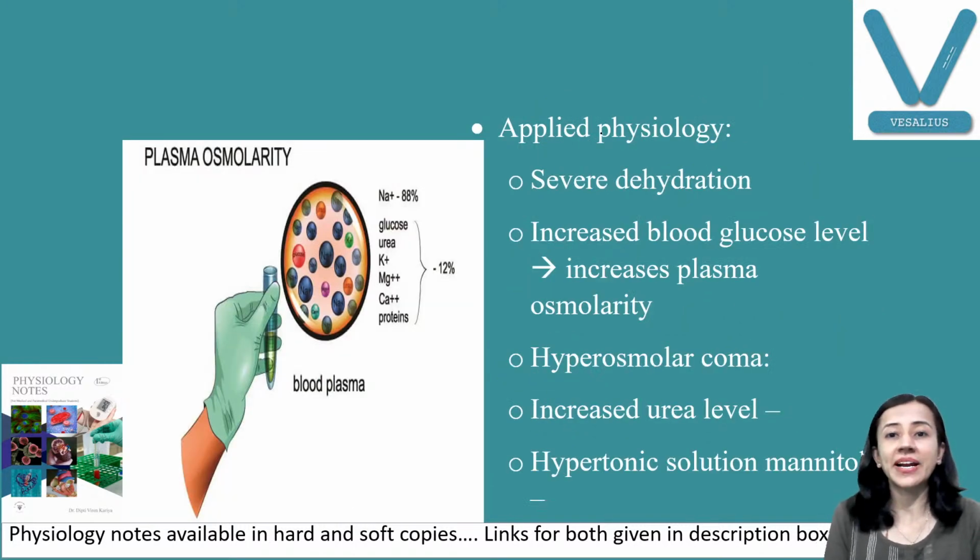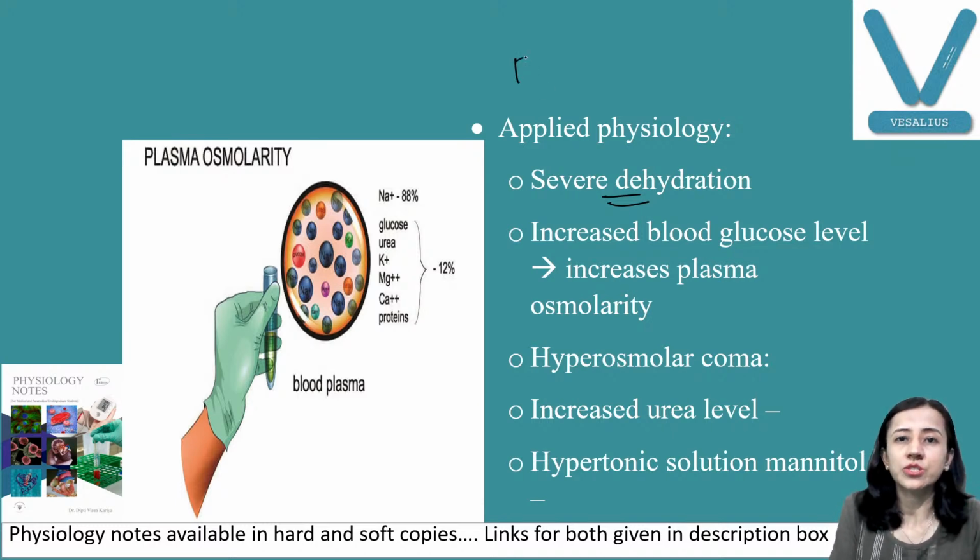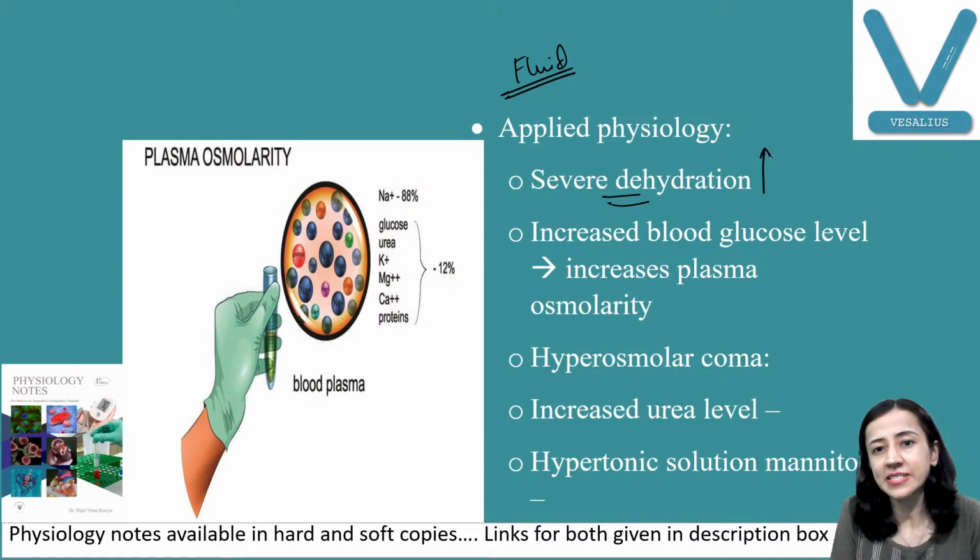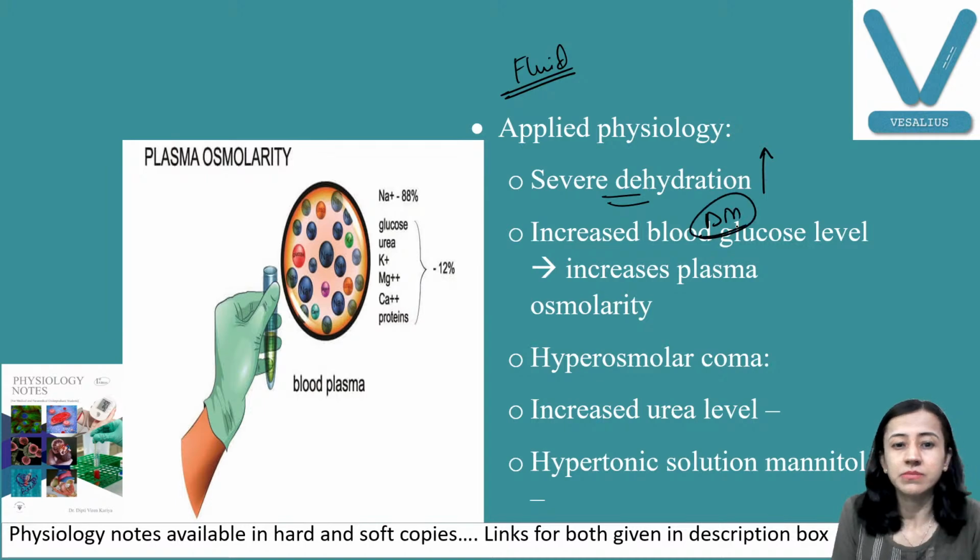Now next is the applied aspect. Suppose somebody has severe dehydration. What happens to osmolarity? Because fluid is lost, osmolarity increases. Suppose in diabetes mellitus, blood glucose level increases. Again, osmolarity increases.